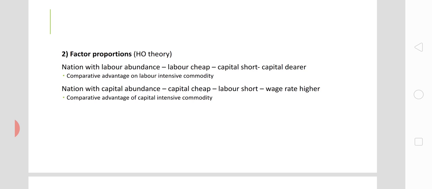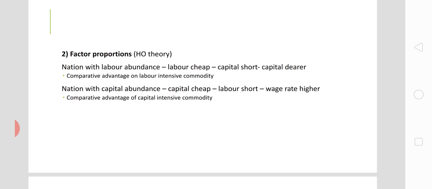Similarly, a nation with capital abundance, where capital is cheaper, labor is costlier, and the wage rate will be higher, so that nation will have the comparative advantage on capital intensive commodity. For example, India as a labor surplus nation has comparative advantage on textile commodities, and so India can specialize in textile commodities in which abundant laborers are employed.